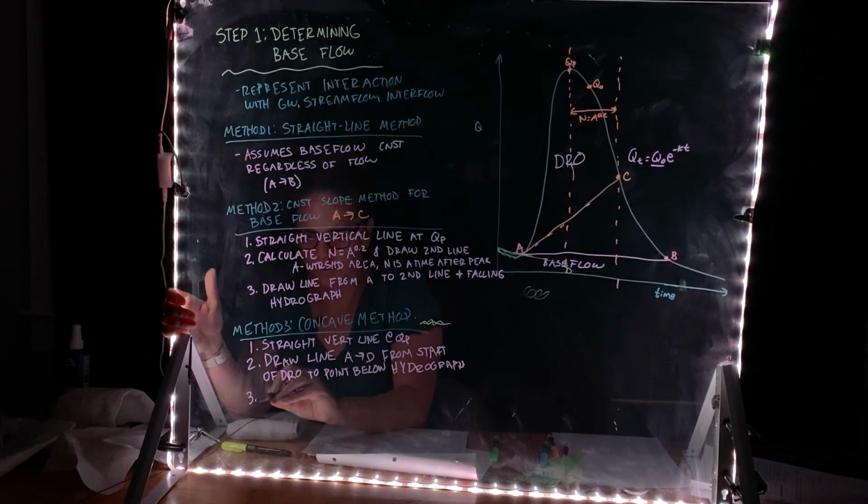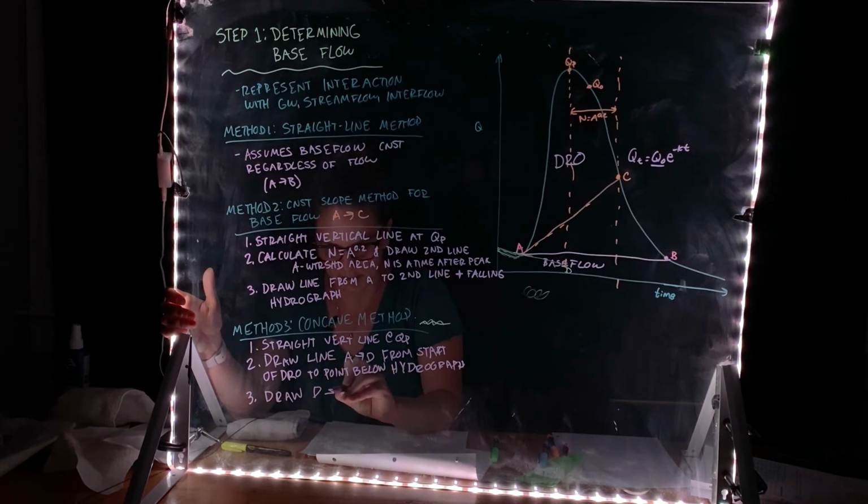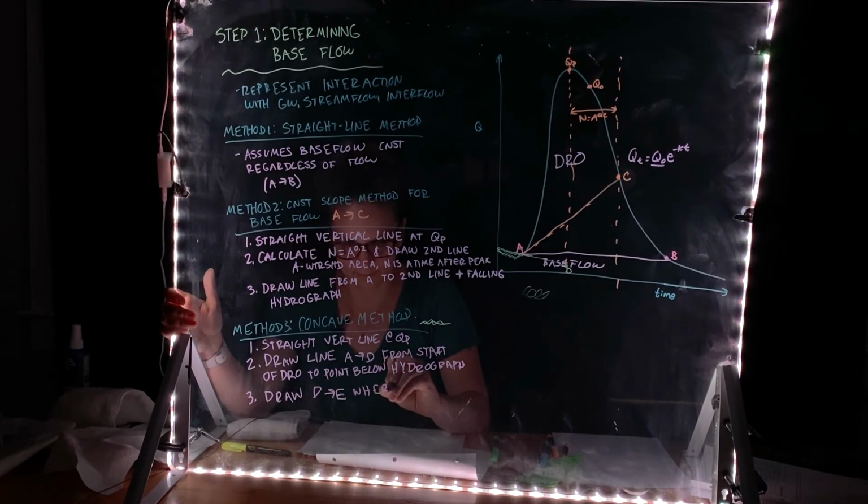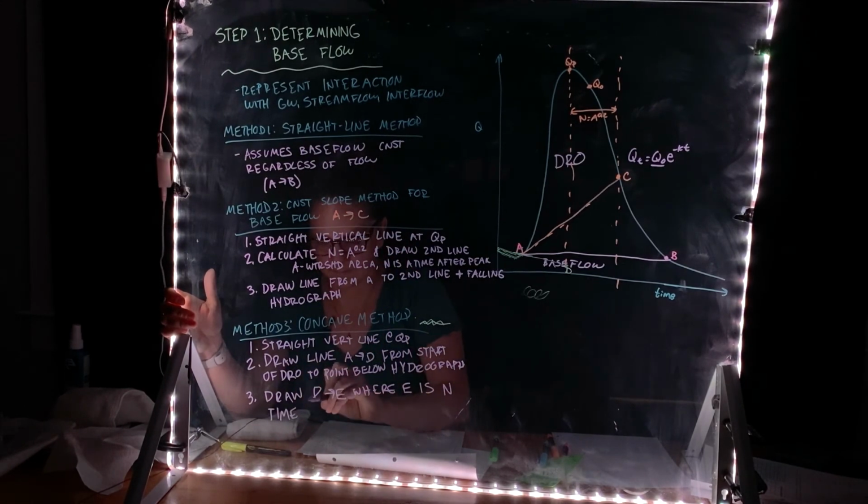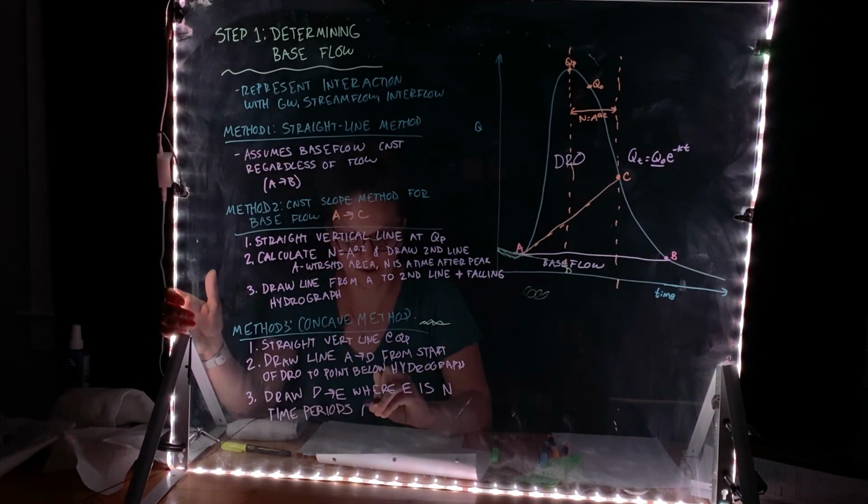And then we draw a line from D to E. And E is N time periods after the peak.